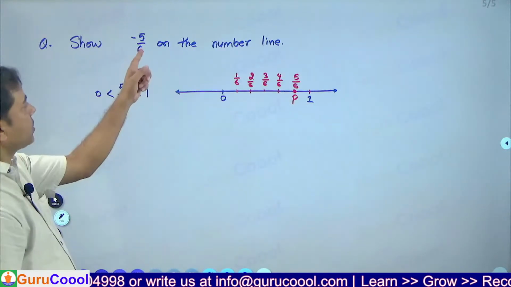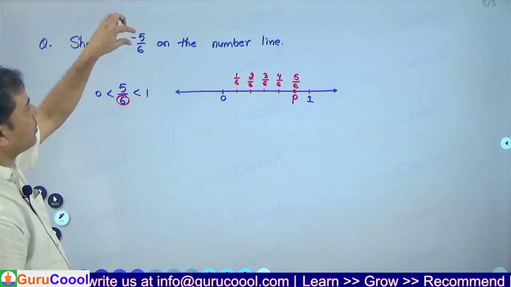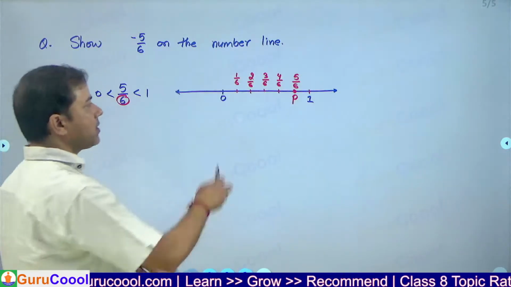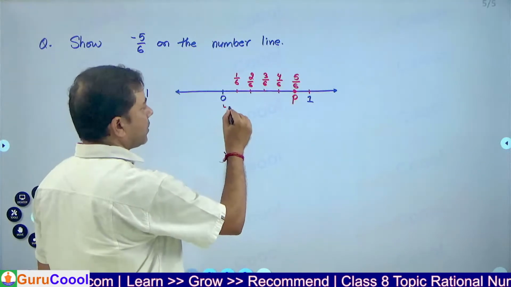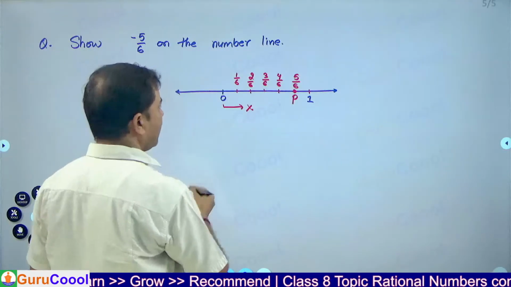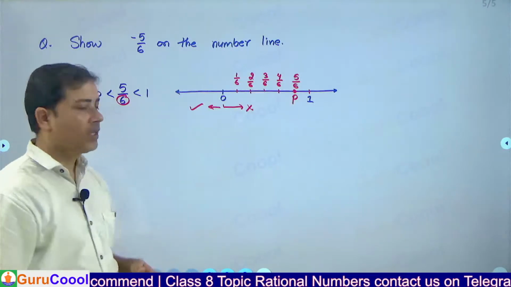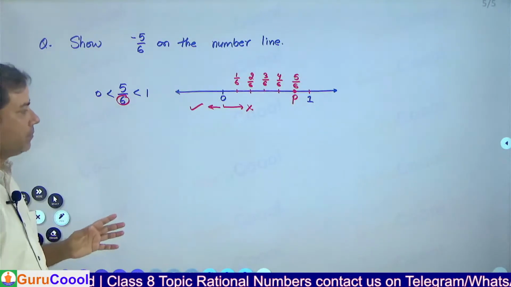But in our question, we need to show negative rational number, negative 5 by 6. That means we don't have to go to the right side, instead we have to go to the left side, but distance will be same.